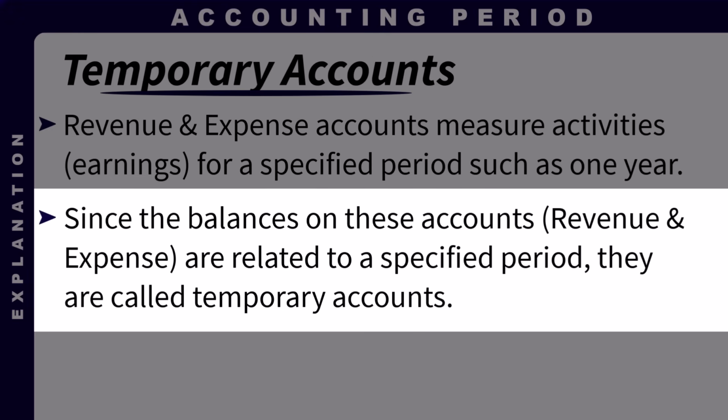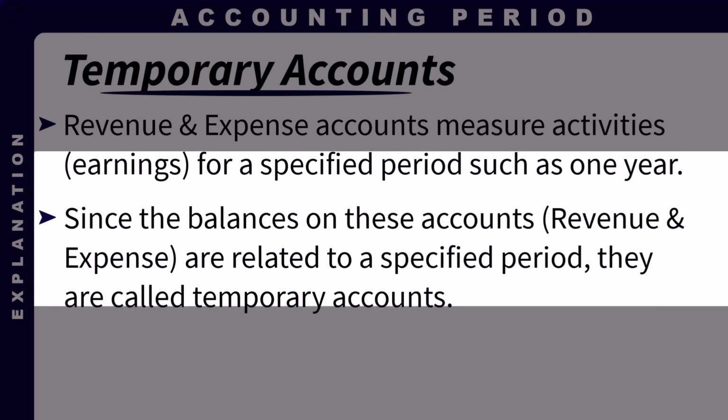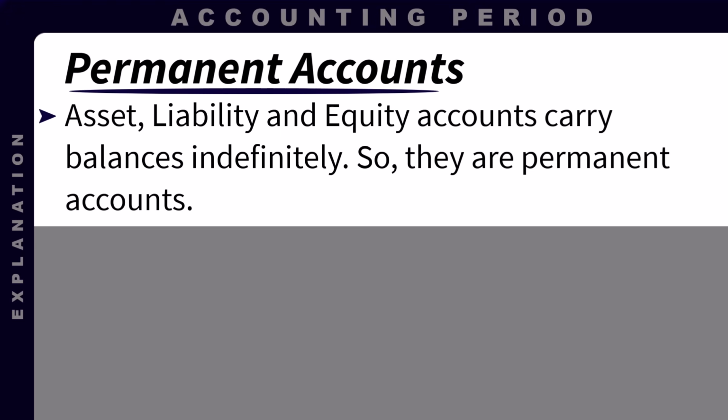To understand that, let's look at the other groups of accounts, that is, the permanent accounts, which are asset, liability, and equity. Asset, liability, and equity accounts carry balances indefinitely. That means they are not reset to zero like the temporary accounts are. So they are permanent accounts.